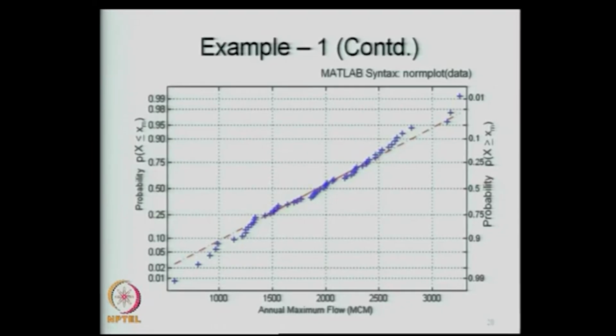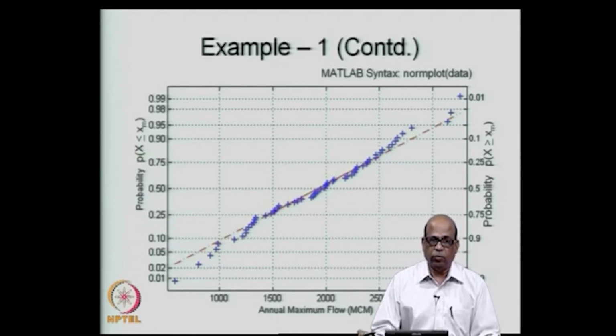And typically, when we want to use normal distribution, we are generally interested in the central region. So, unless you are looking at extremes of, let us say, 1 in 1000 year return period, 1 in 500 year return period flows and so on, you can reasonably use the normal distribution for this particular data.